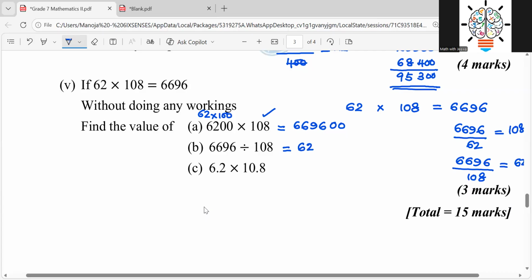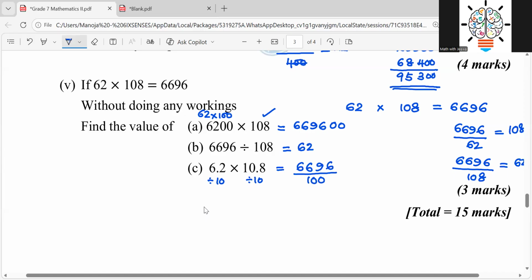Now the next one, children, instead of 62, they have taken 6.2. That means they have divided by 10. Instead of 108, they have taken 10.8. That means they have divided by 10. So then what you are supposed to do, children, is divide 6,696 by 100, right?